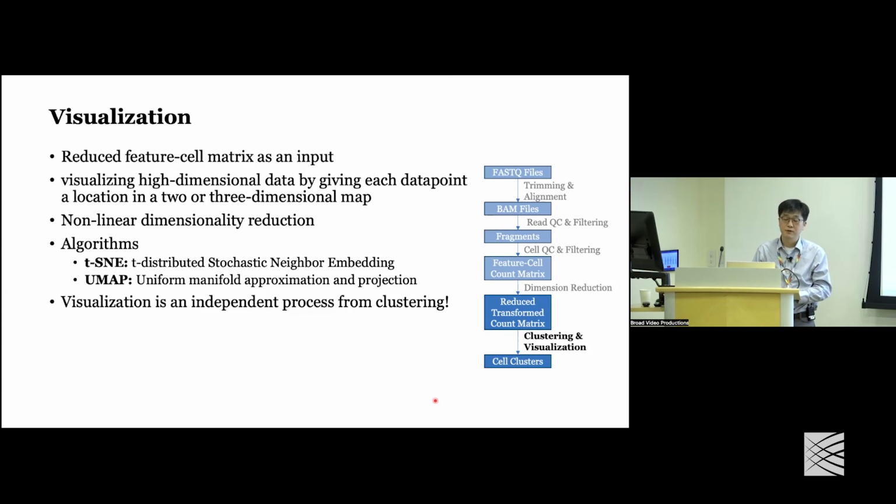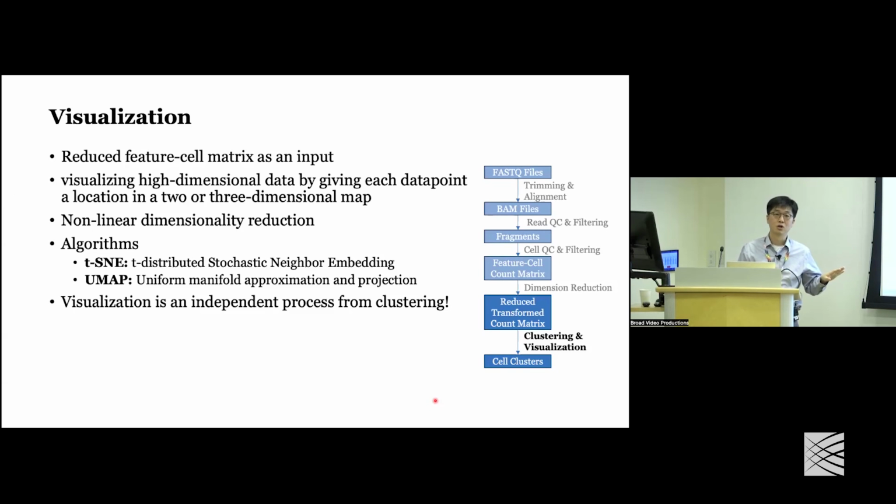Well, we haven't talked about the visualization, right? Visualization is a really tricky step. It is known that it is mathematically impossible to preserve the distance relationship between cells when projecting the data in high-dimensional space into two-dimensional space.